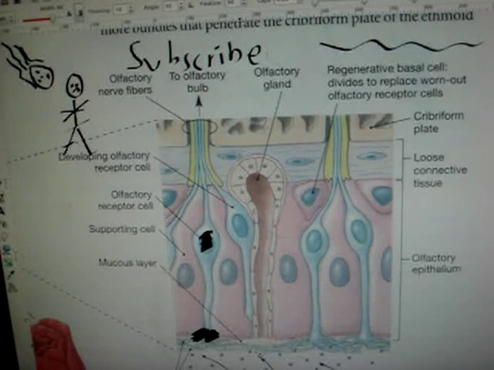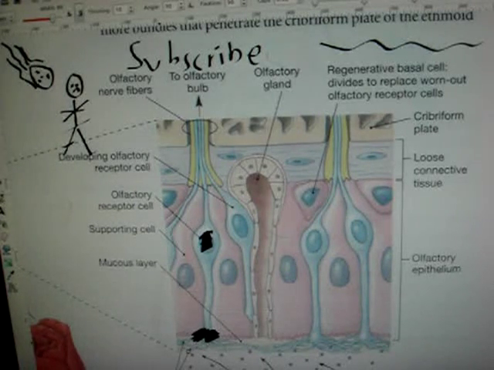Once they're stimulated, they will afferently send a signal to the olfactory bulb. Once in the olfactory bulb, it'll go through here, and up to the actual olfactory cranial nerve. But first, why does that happen?